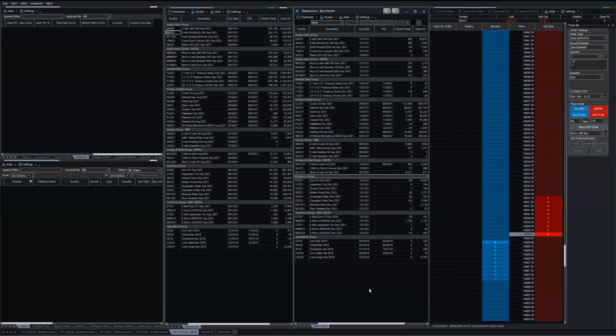We don't have to know all the specifications off the top of our heads. I don't know them either, but we should be aware that every product has its own specifications, especially the opening times. When does a specific market open? When does it close? The expiration date, the first notice date.